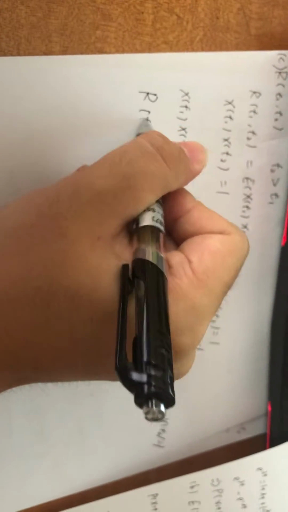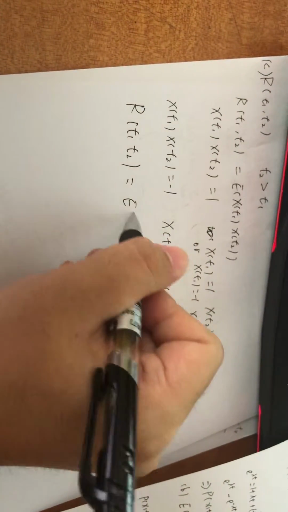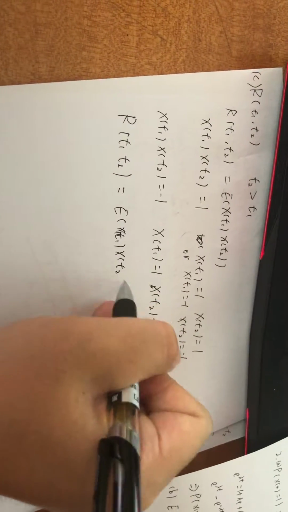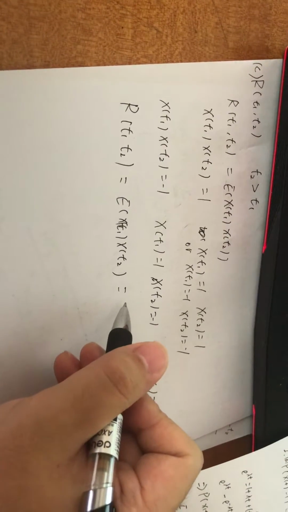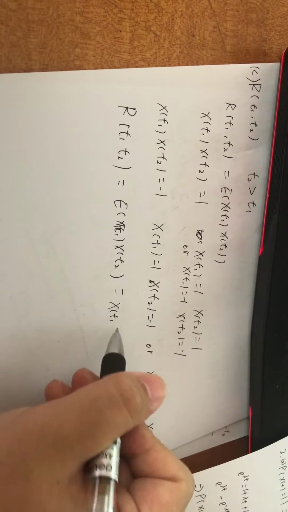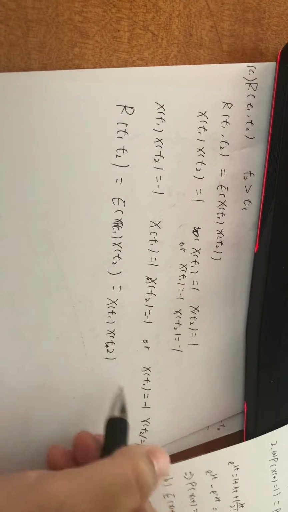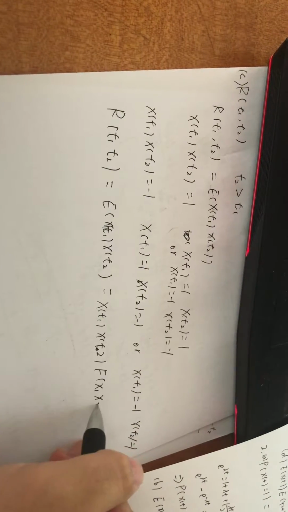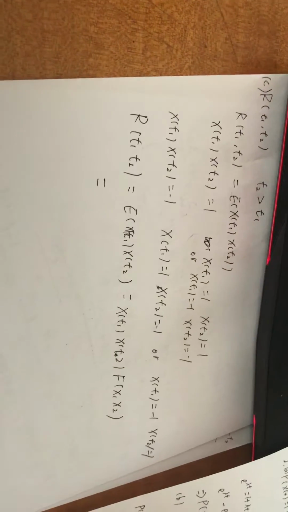So we plug into the function R(t1, t2) equal to E[X(t1) times X(t2)], and also we have the function x(t1) times x(t2) times f(x1, x2), and we also transfer to the probability.